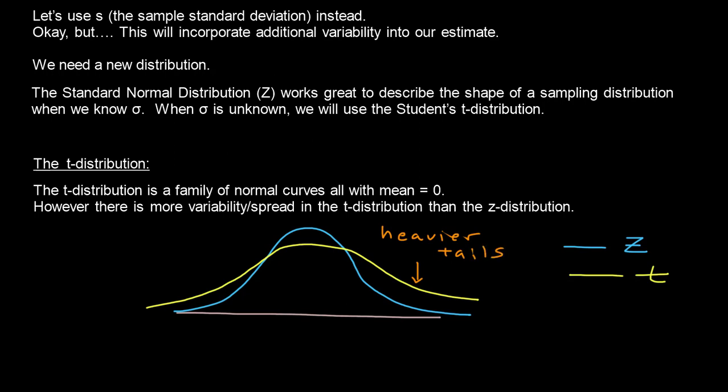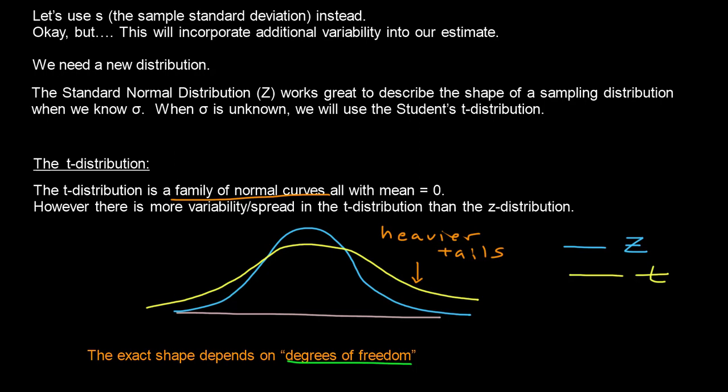So I had mentioned that there is a family of normal curves that make up the t-distribution. Because there are many different t-distributions, their precise shape, like how heavy are those tails, is going to be dependent on something that's called degrees of freedom. So what is degrees of freedom?